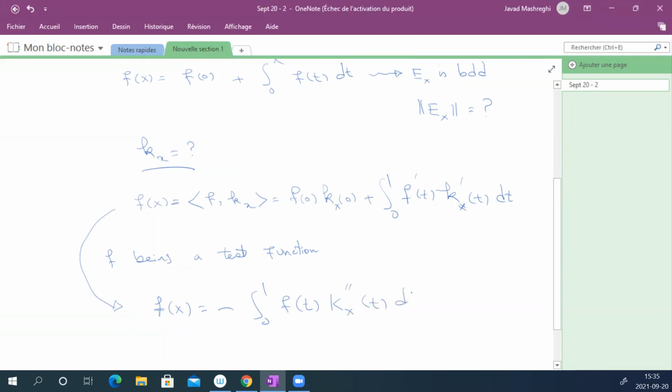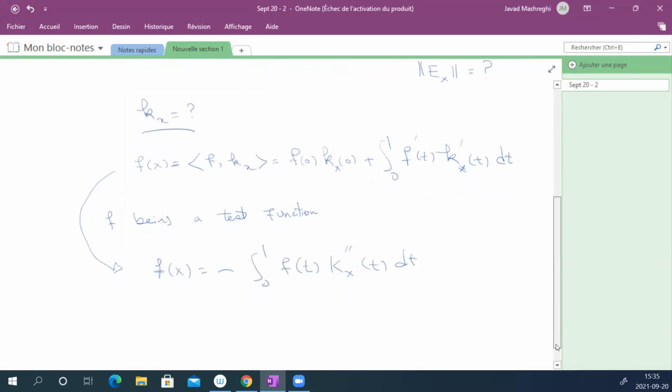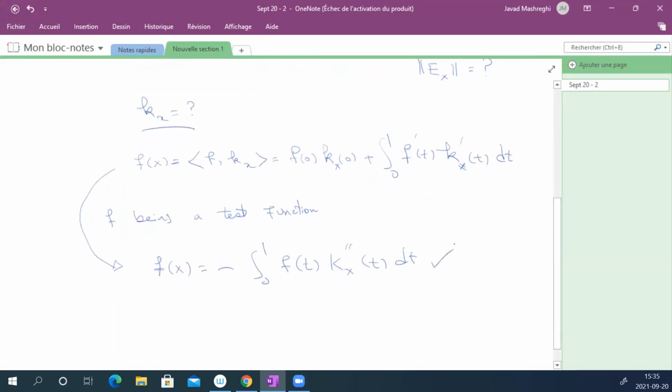Note that when we consider test functions, at the origin and even at the point 1, even in a neighborhood of those points, they are identically 0. So this is perfectly fine.